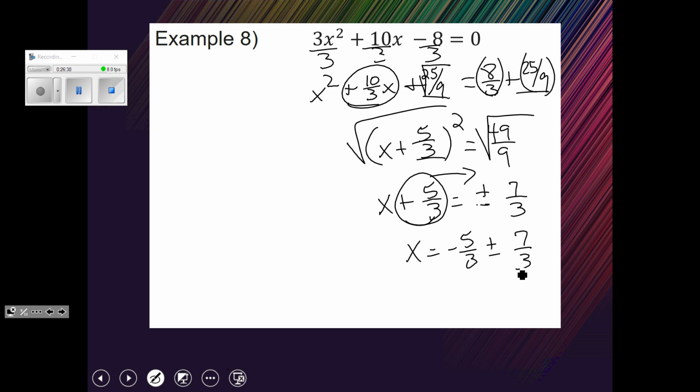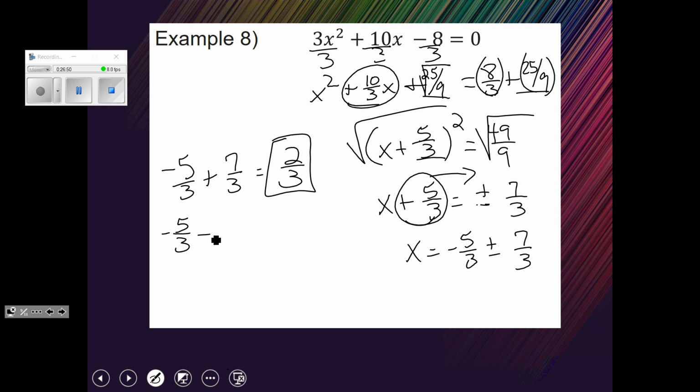You can add fractions together. So here we go. Negative 5 over 3 plus 7 over 3 would be 2 over 3. And negative 5 over 3 minus 7 over 3 would be negative 12 over 3, which is equal to negative 4.